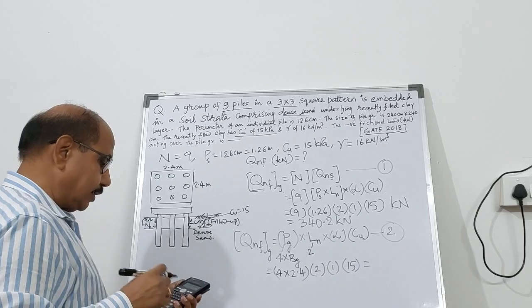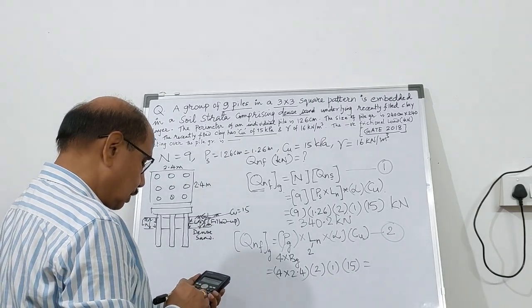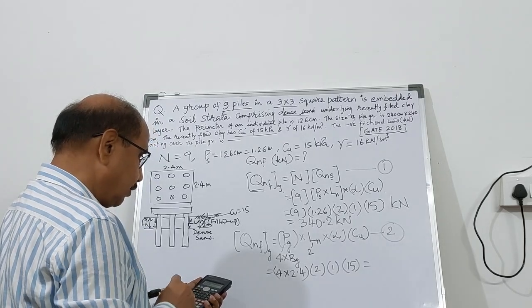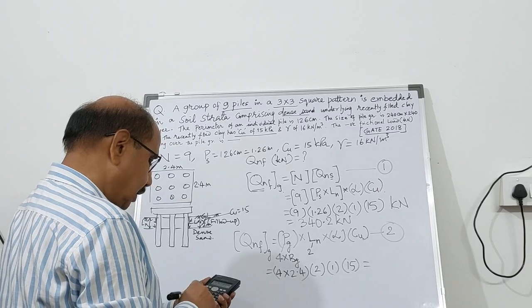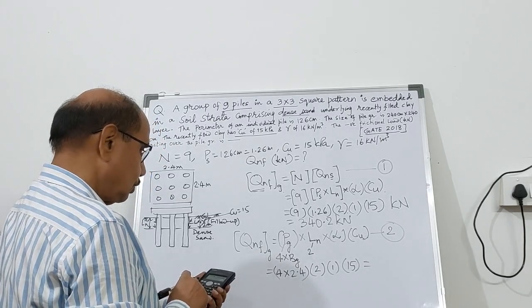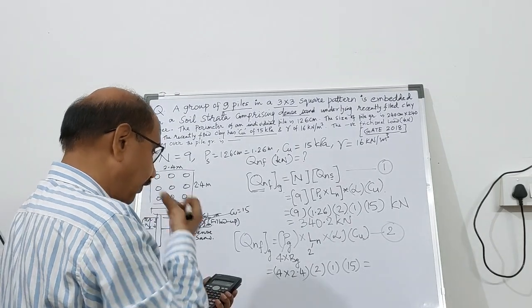And if you calculate based on group shear, this is going to be 4 into 2.4 multiplied by 2 into 15.